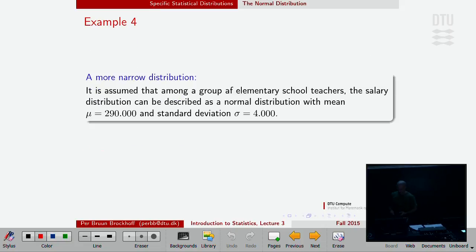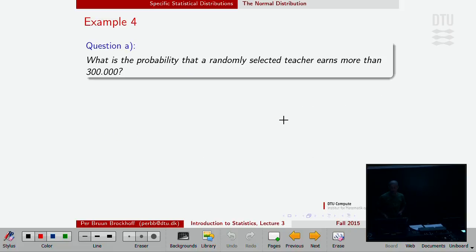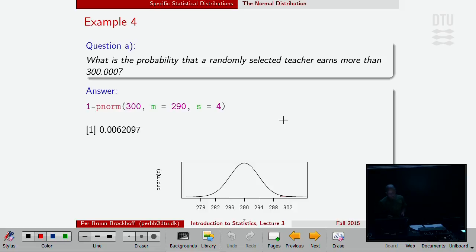What about we have another group of teachers with a higher mean income, but also a smaller spread? What is the probability of the same thing? How many of those guys earn more than 300,000? Well, let us skip all the details and jump right into the R and say, what is the probability of going above 300, in this case, using the larger mean?